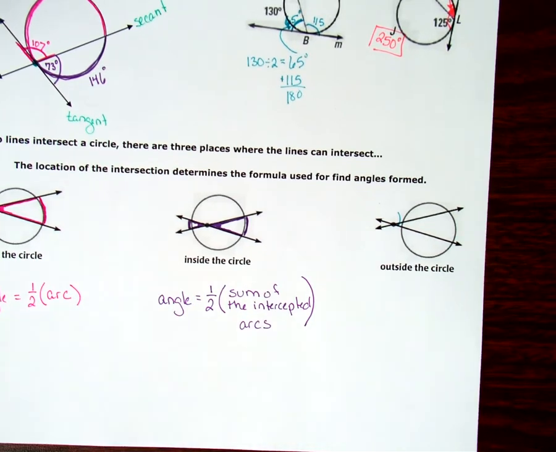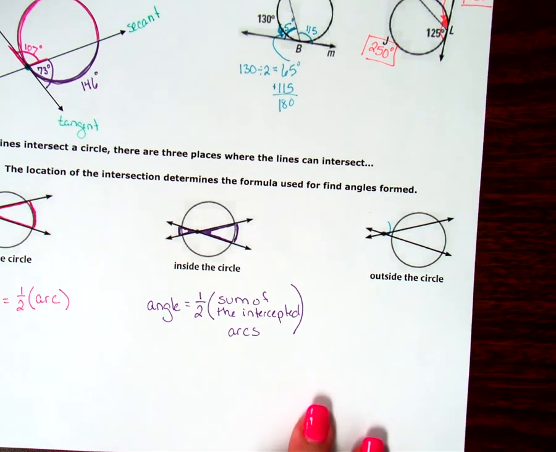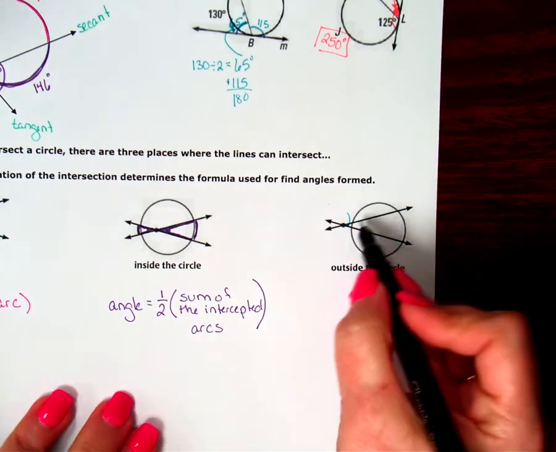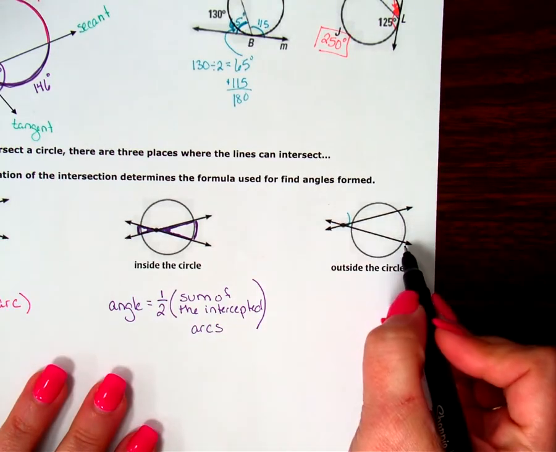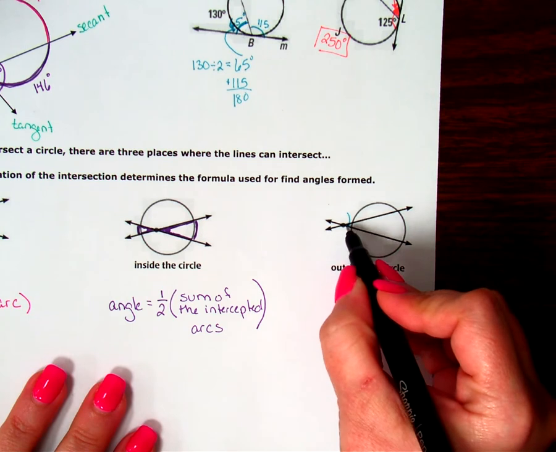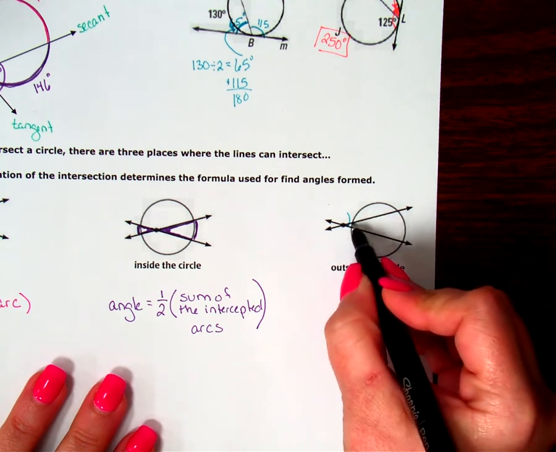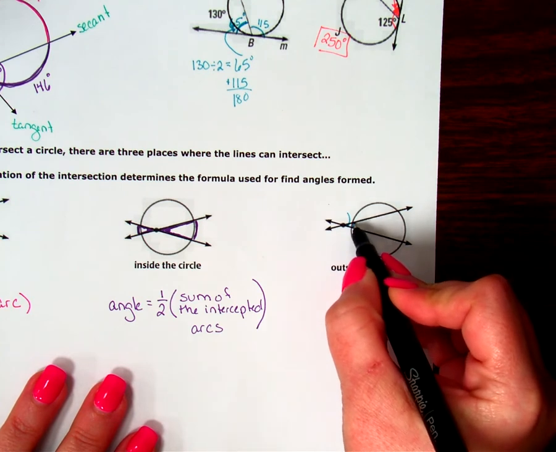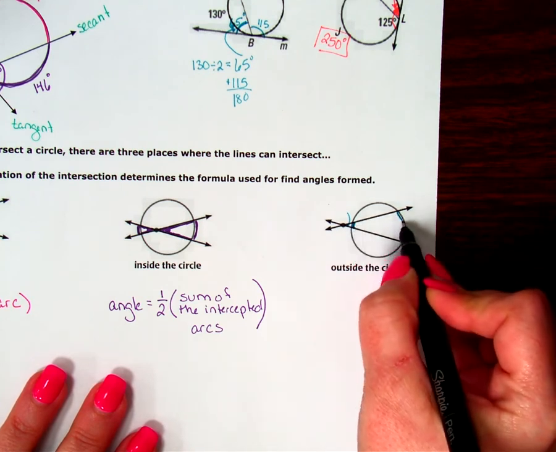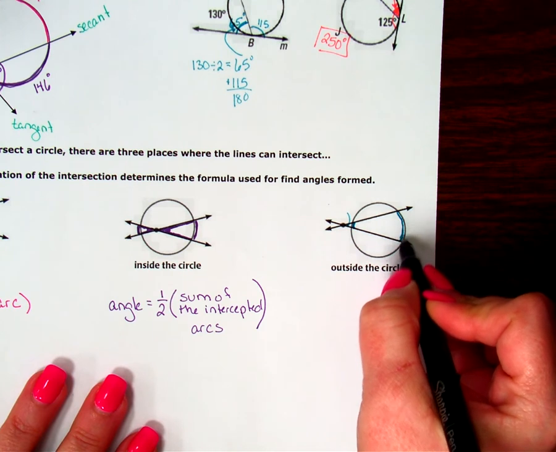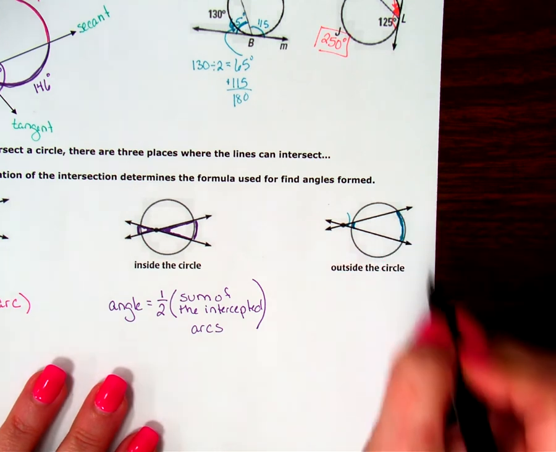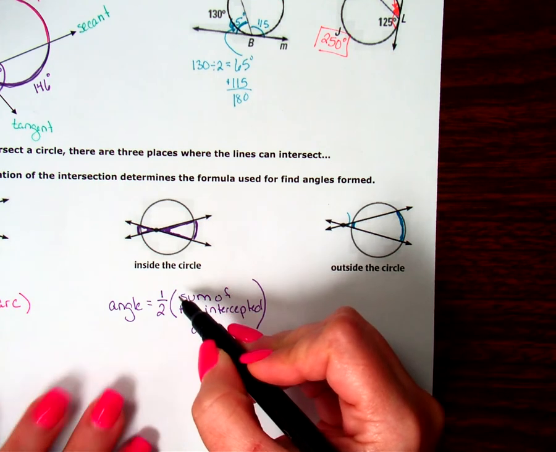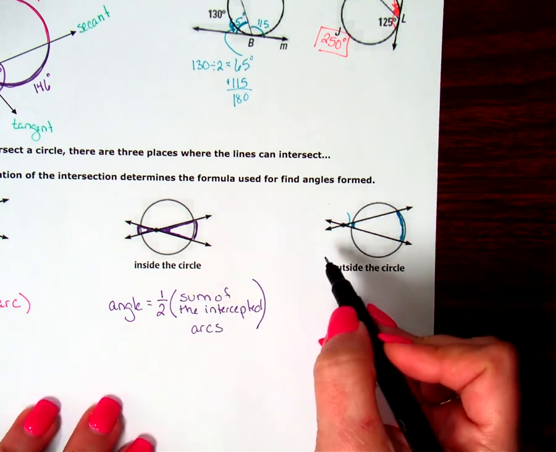Okay, and then my last option is, what if we intersect the circle outside? If we intersect outside the circle, so in this case here, we see that as we come out of the angle, again, just like over here I had two arcs, I'm going to have two arcs. I'm going to have this inside arc, and I'm going to have the outside arc. So you can't just average them together like we did over here.